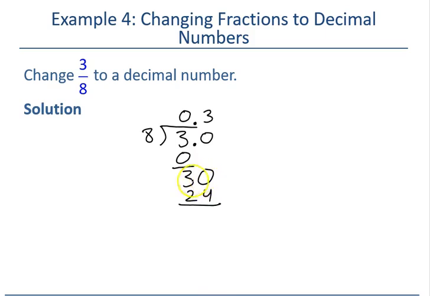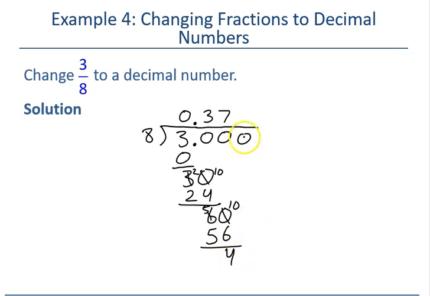Let's do our subtraction. We got 30 minus 24, and that gives us 6. Then I can add another 0 and bring it down as well. How many times will 8 go into 60? 8 will go into 60 7 times. 7 times 8 is 56. Let's do our math again, and we get 4.